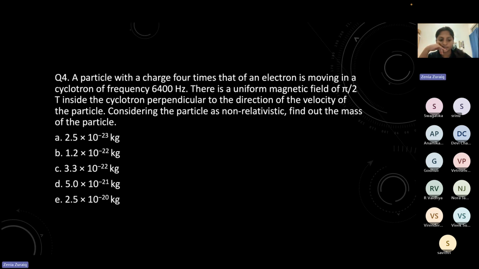I don't see any answers yet. People, please put your answers if you are done solving. I'll give you a few more moments because this has some calculation involved. Okay, one person has said B. Any other answers?